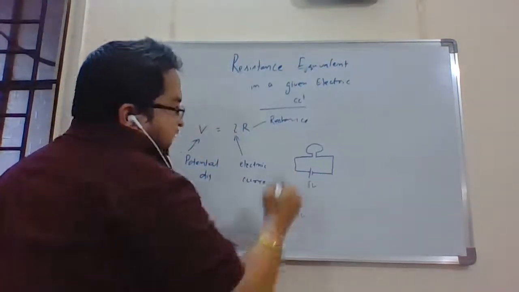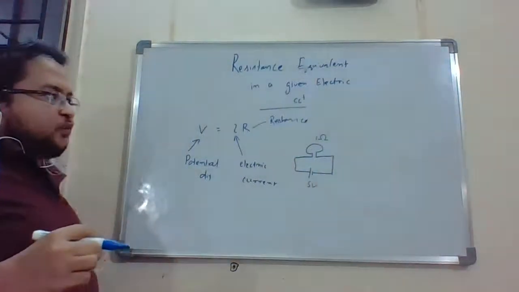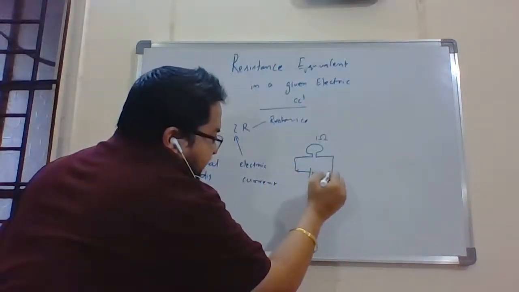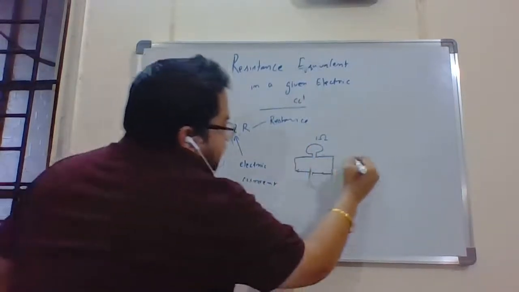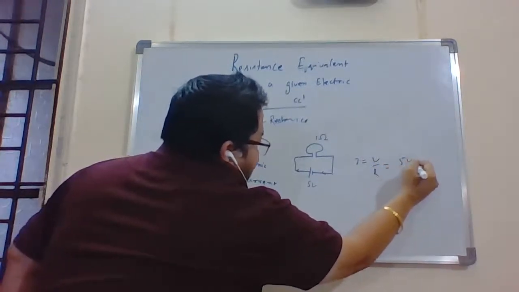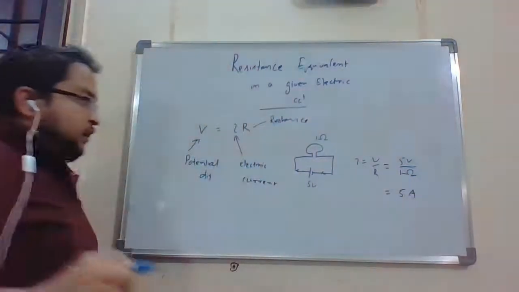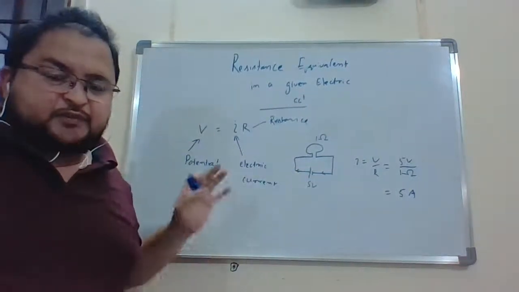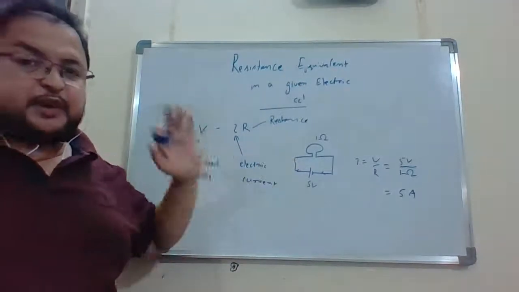And assuming the resistance of this electric bulb is 1 ohm, we can say that the current in the circuit, going through this closed loop, would be I equals V by R, that is 5 volt by 1 ohm, which is nothing but 5 ampere. We know this from our high school studies, where we studied Ohm's law, which gives V equal to IR. We will get into the details of them later.